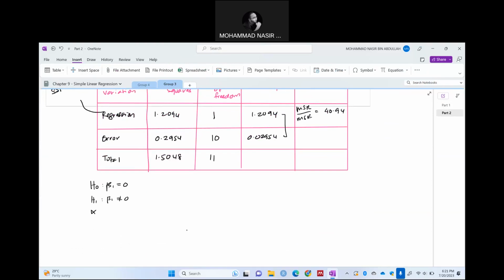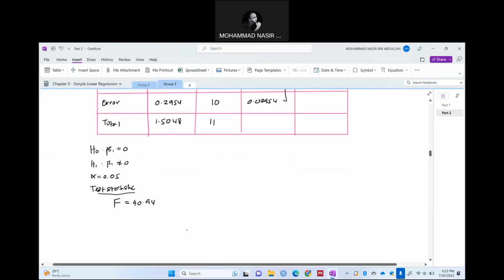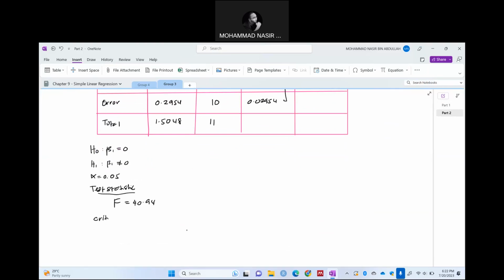Let alpha equal to 0.05. Test statistic: F calculated should be equal to 40.94.